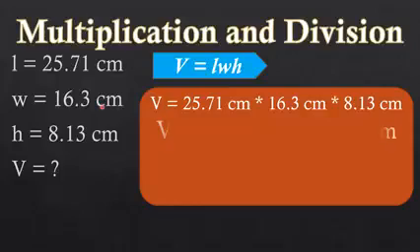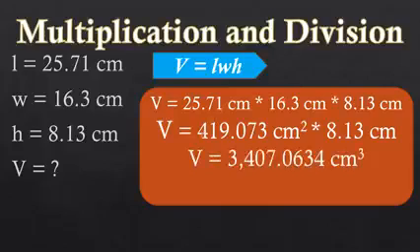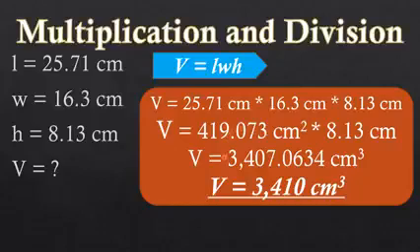By substitution, then multiply. 25.71 times 16.3 is 419.073 multiplied by 8.13. The volume is 3,407.0634 cubic centimeters.